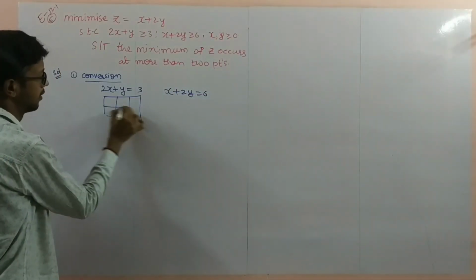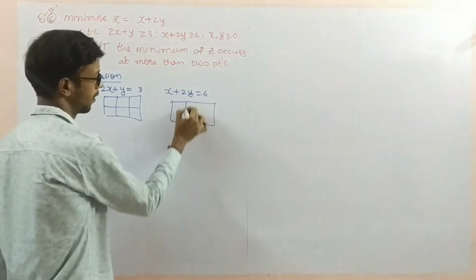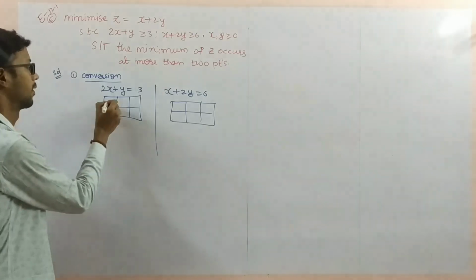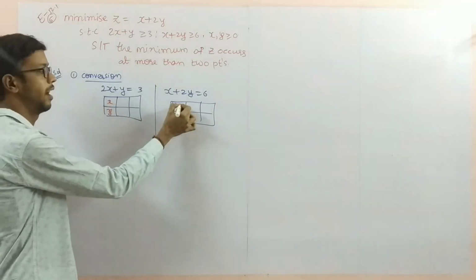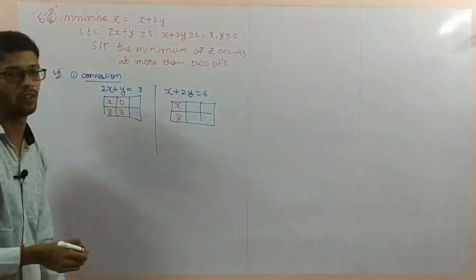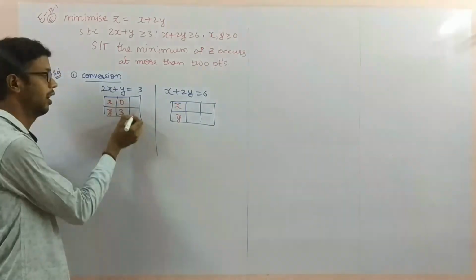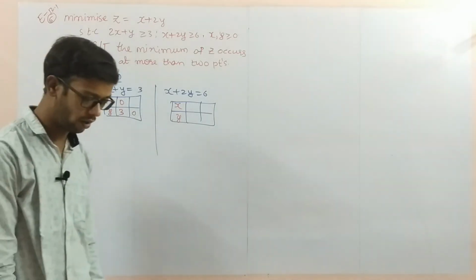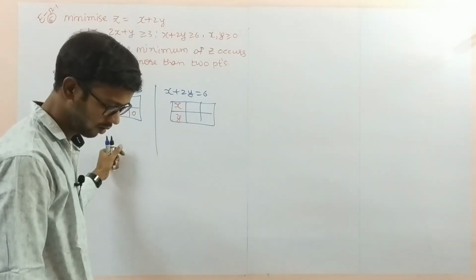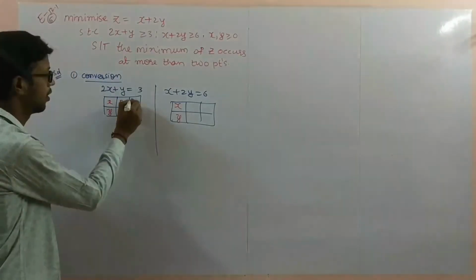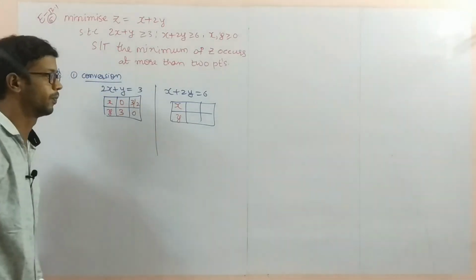Draw the table and substitute the x and y values. For x equal to 0, y equals 3. Horizontally, for y equal to 0, x equals 3 by 2.